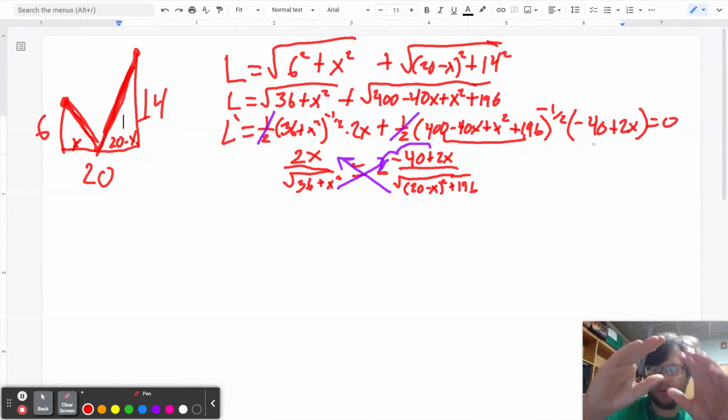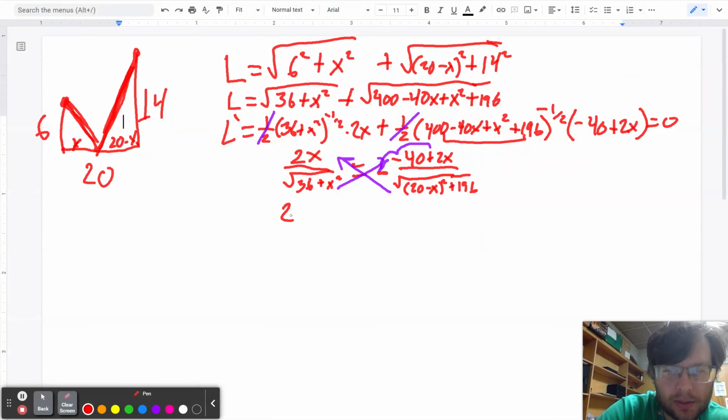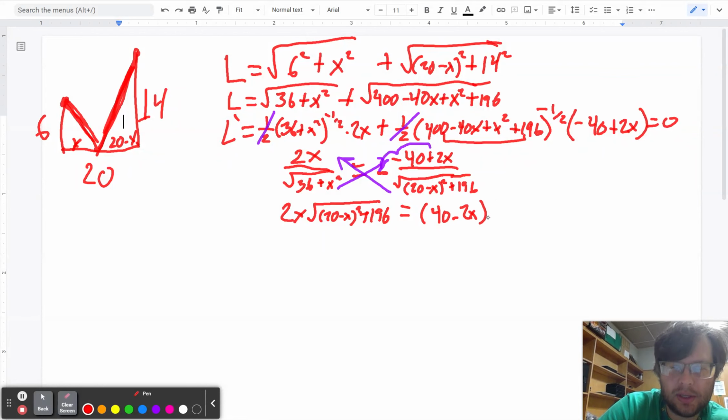So I just moved one piece to the other side of the equation, and then I'm cross multiplying. So I have 2x times the square root of 20 minus x squared plus 196 equals positive 40 minus 2x times the square root of 36 plus x squared.